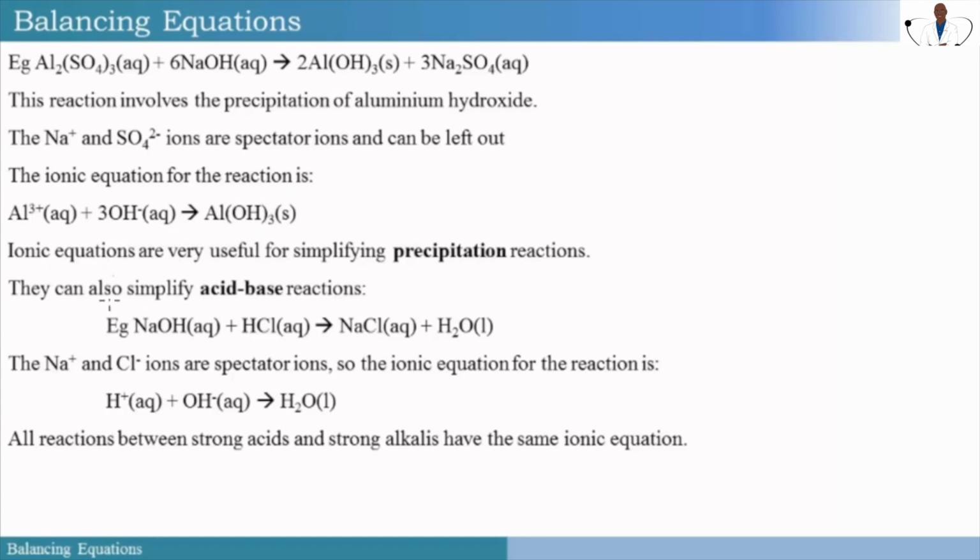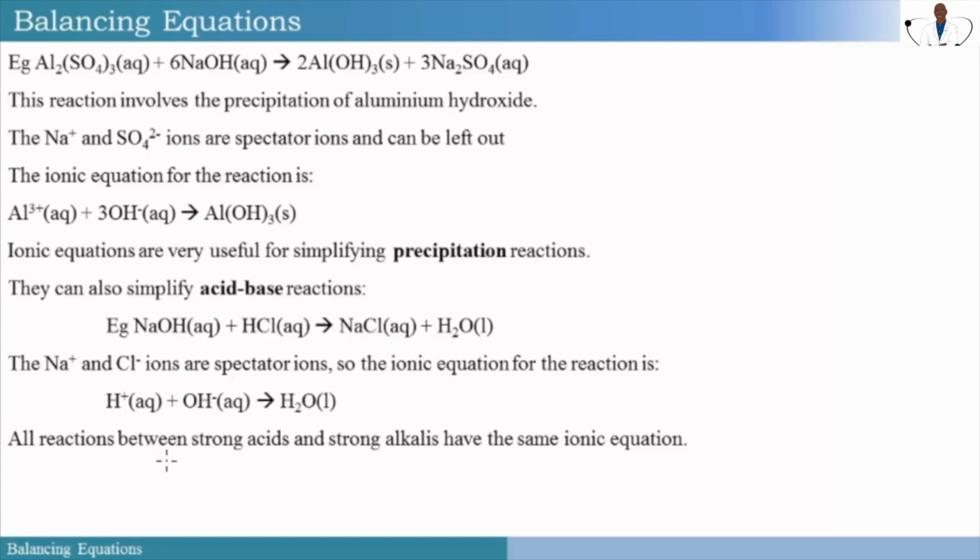We can also look at acid-base reactions. If you look at this acid-base reaction, you'll see that sodium is a spectator ion on both sides. It remains aqueous. OH- aqueous here, but over here we have water liquid, so we can't remove OH or H. But sodium and Cl are spectator ions that we removed.